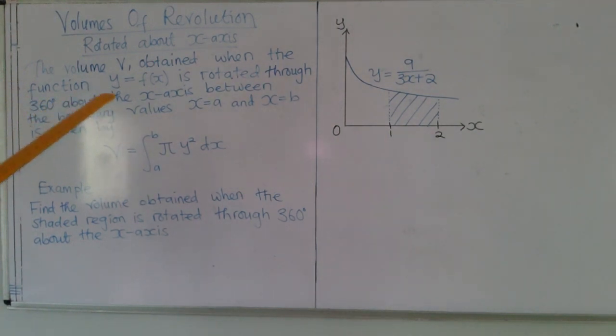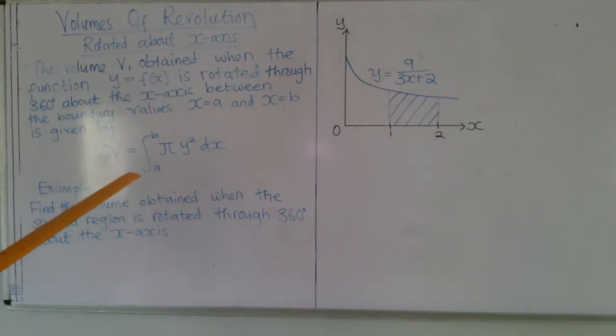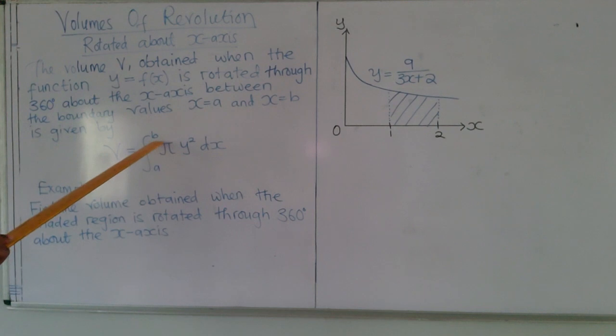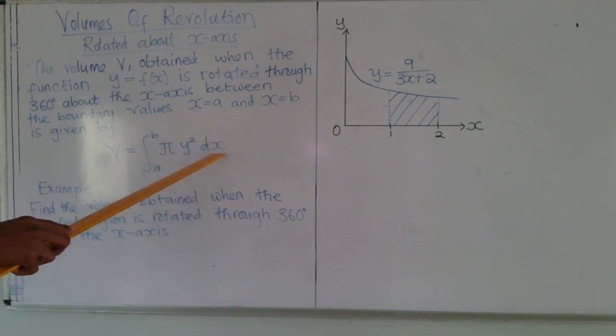The volume V obtained when the function y is equal to f of x is rotated through 360 degrees about the x-axis between the boundary values of x equal to a and x equal to b is given by the integral with x ranging from a to b. We multiply pi times that particular function of y, and it has to be squared, and we integrate that with respect to x.